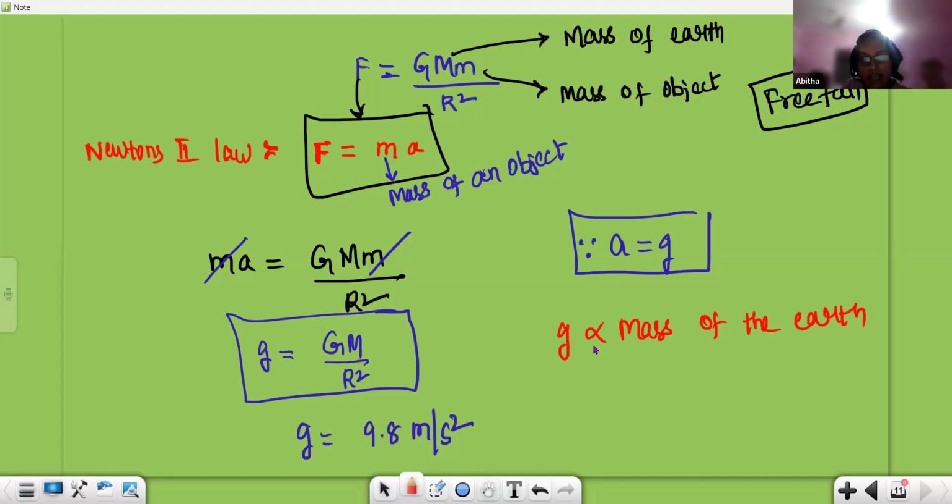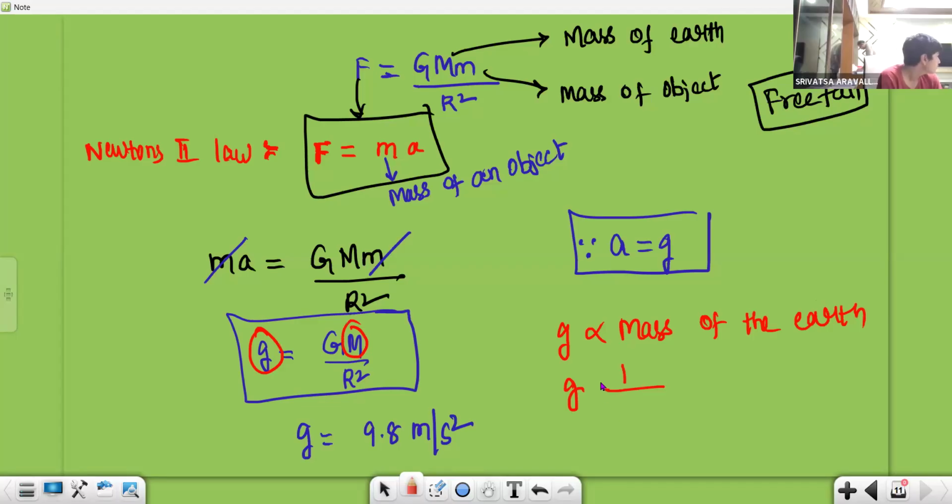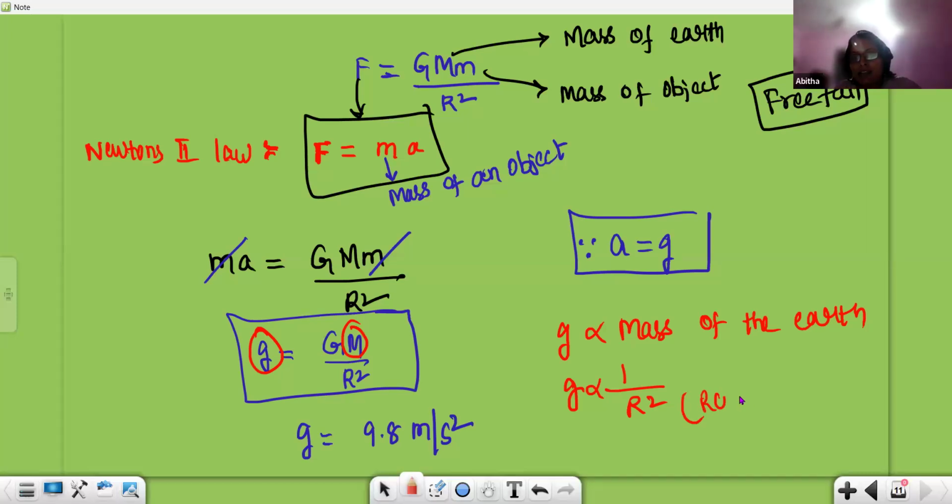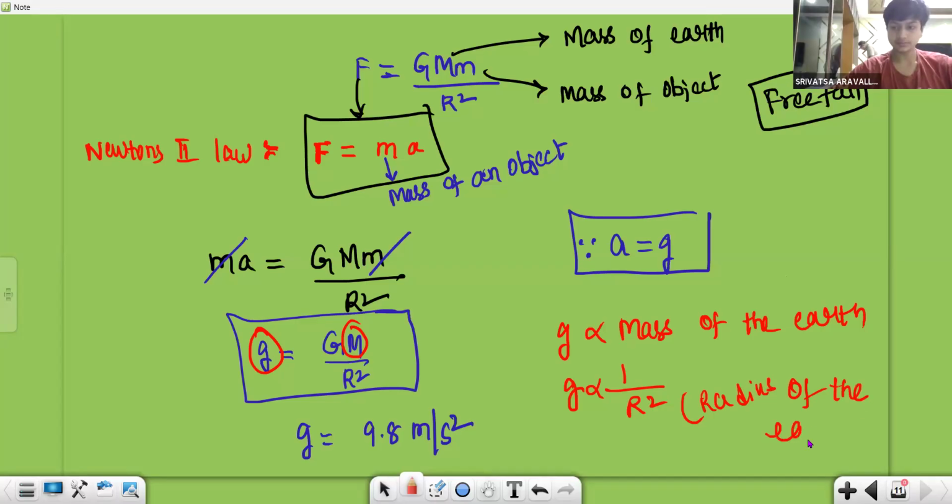What about the radius? g is inversely proportional to the radius between the two objects, the radius of the earth. So what is R here? Radius of the earth.